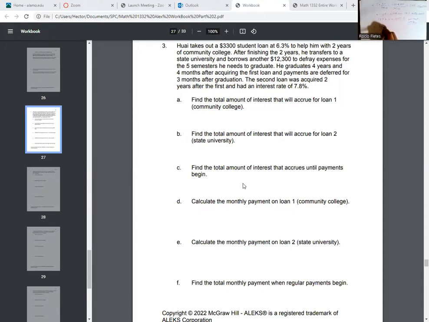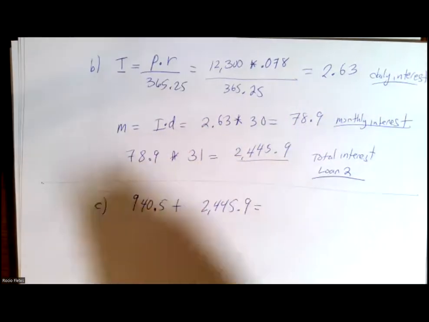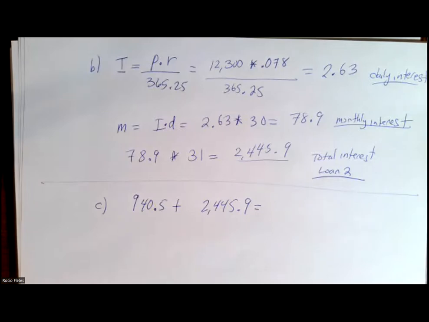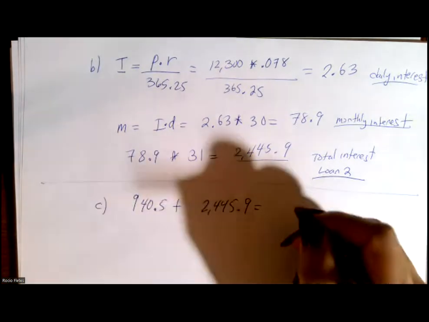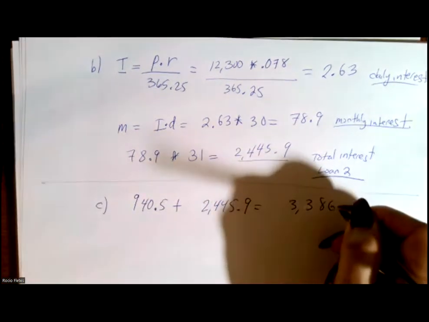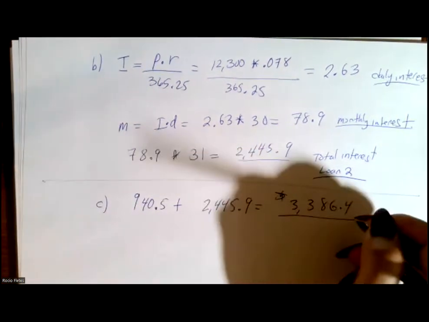So 940.5 plus 2,445.9. So you add the two. And we get 3,386.4, I think. Okay.